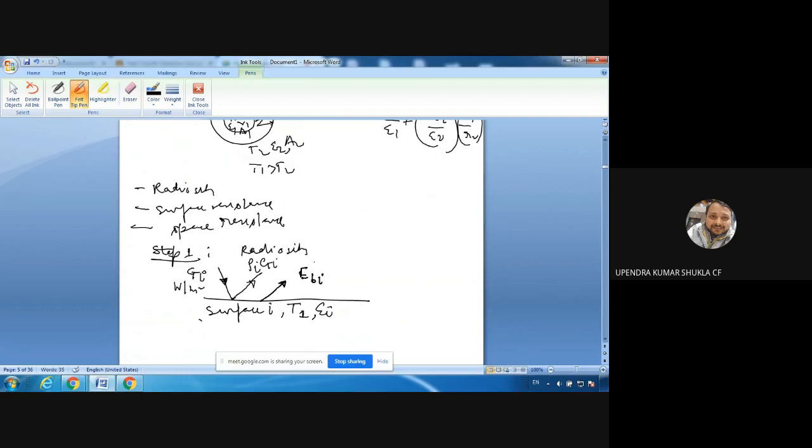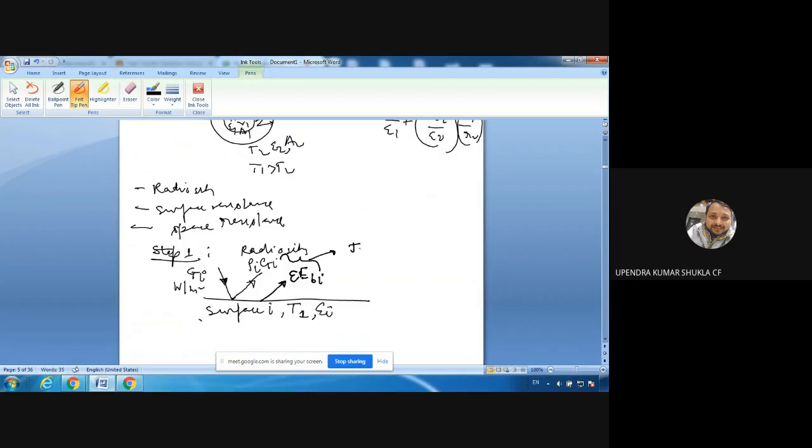Since this is not a black body but a gray body, the emissive power must be multiplied by the emissivity epsilon, and that will give you the total emissive power radiated by this surface. Now you see that the incoming radiation is Gi and the outgoing radiation is of two types, one due to reflection and one due to emission.